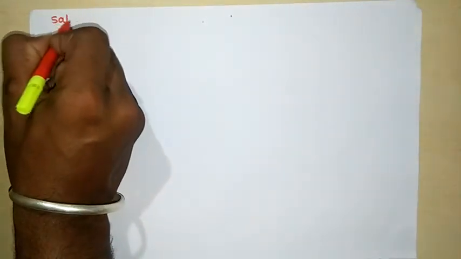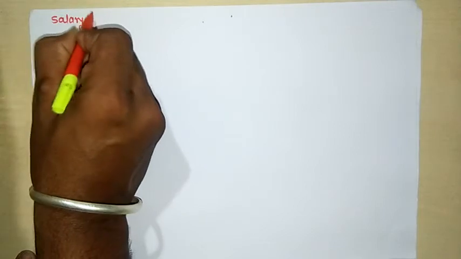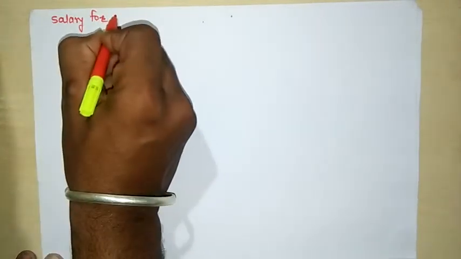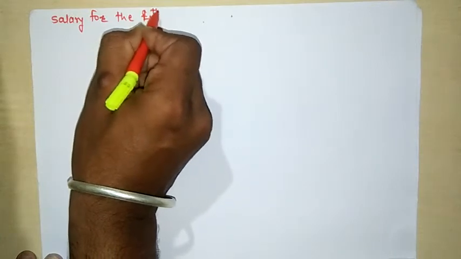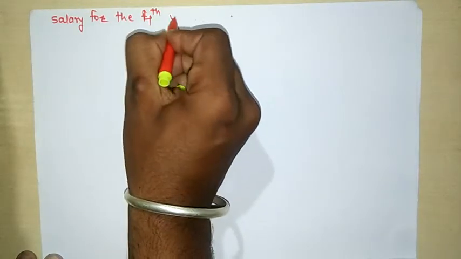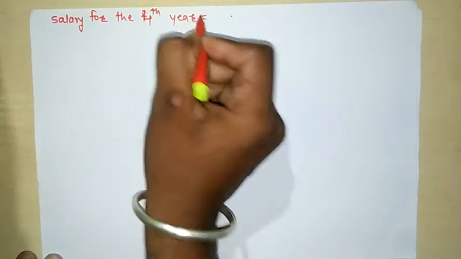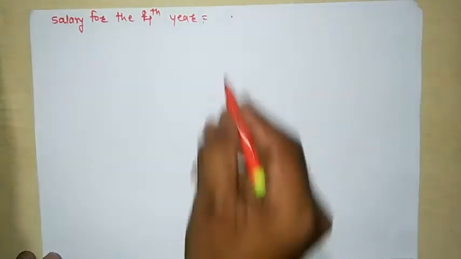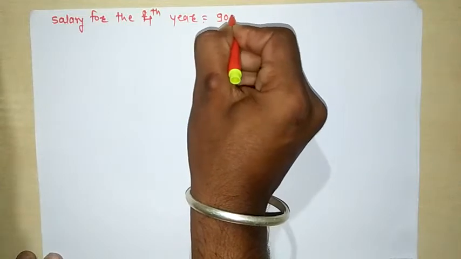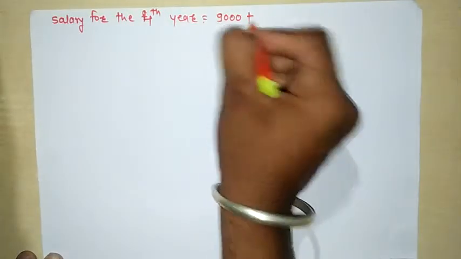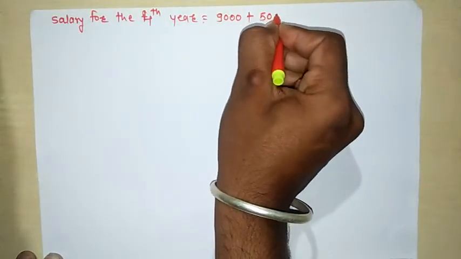Salary for the fourth year is equal to the salary for the third year. What is the salary for the third year? Third year salary is 9,000 rupees plus annual increment 500 rupees.